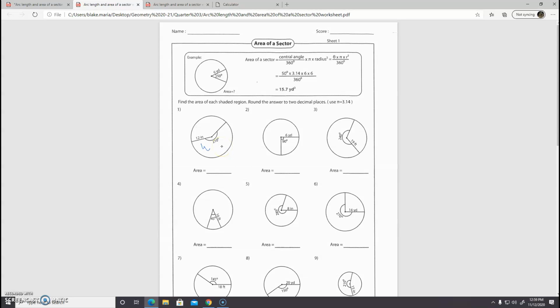So here, this all should be shaded. They talk about area. It's wherever the loop is. So here, this is shaded. Here, all of this is shaded. So those loops are where you're finding. But same concept. Use your formula for area of a sector. Area, pi r squared, x out of 360.